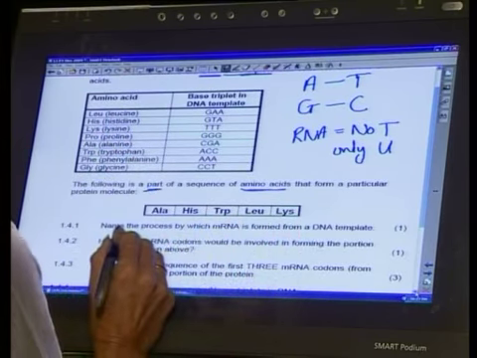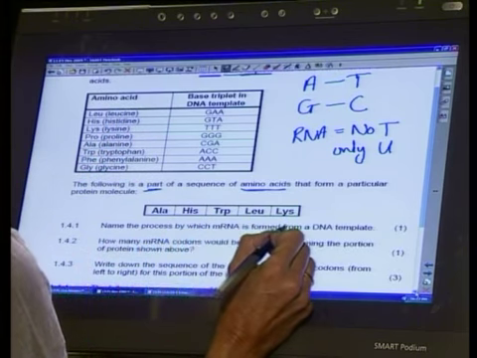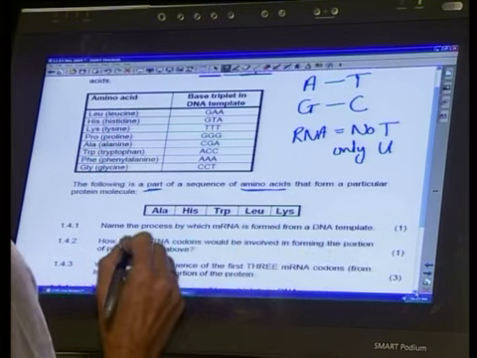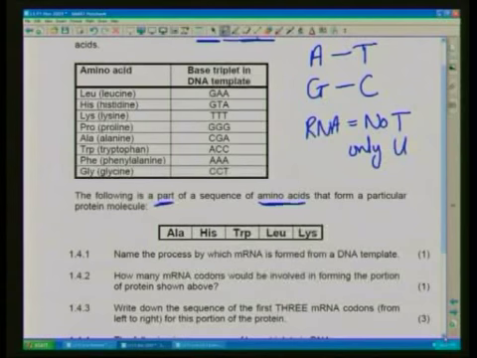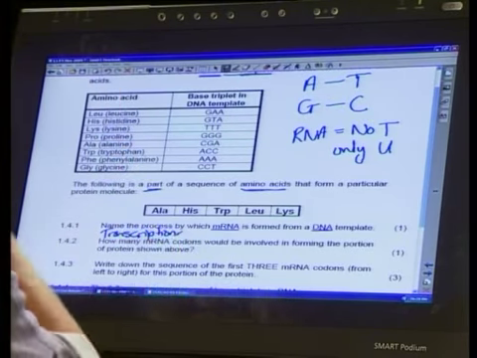It says, name the process by which messenger RNA is formed from a DNA template. Now we're going to make that messenger RNA first, and it's made from the DNA. That is transcription. Okay, it's transcription. You are transcribing.